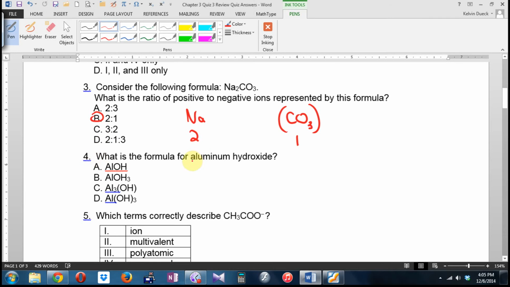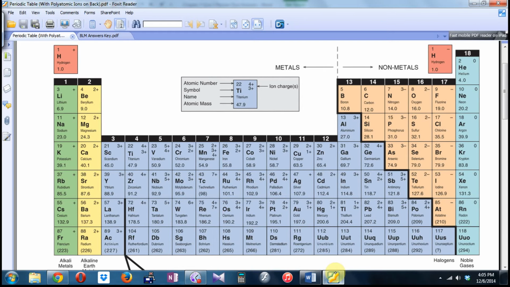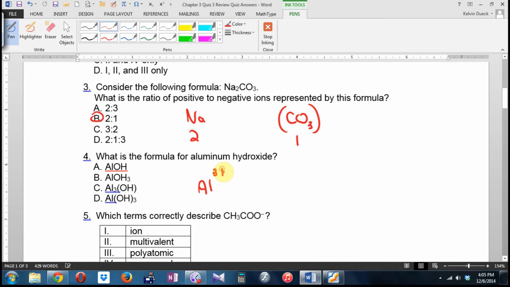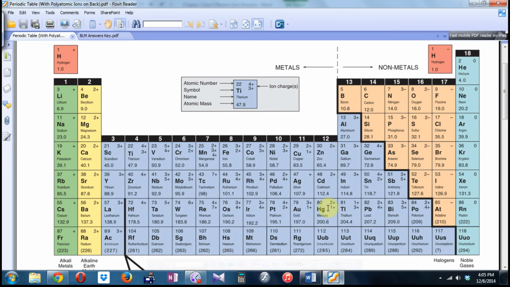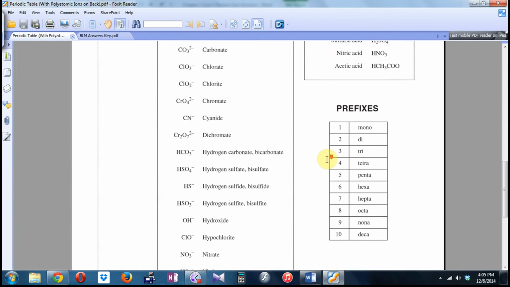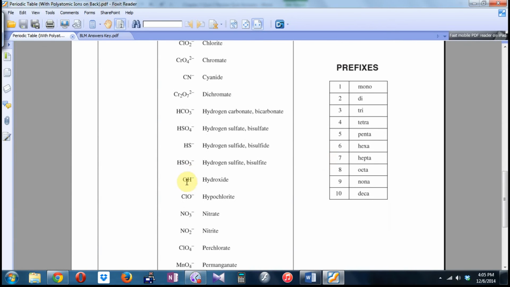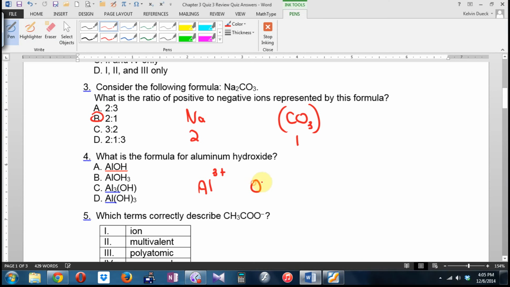What's the formula for aluminum hydroxide? Aluminum from my periodic table is Al3+. Hydroxide, that's a polyatomic ion. That is this OH negative right there, this puppy here. Now, when I use that lovely little crisscross trick, there's going to be a 1 there and a 3 there.